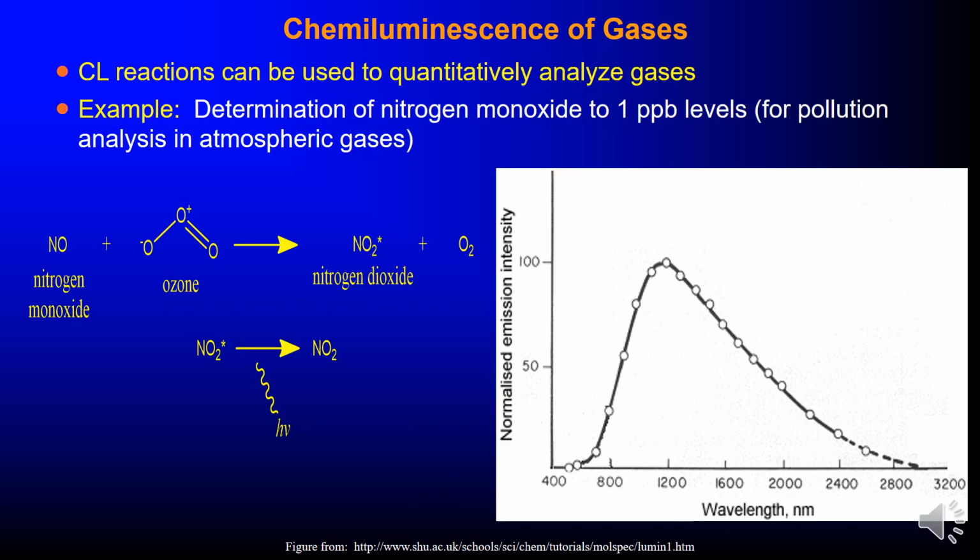So chemiluminescence of gases: chemiluminescence reactions can be used to quantitatively analyze gases, for example determination of nitrogen monoxide to 1 part per billion levels. Generally, nitrogen monoxide reacting with ozone gives you nitrogen dioxide in an excited state.